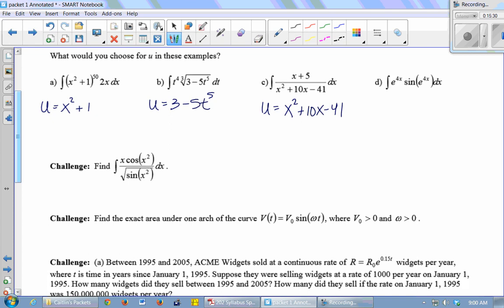We don't know a function whose derivative is e to the u times sine of e to the u. Can you choose e to the 4x? Yeah. So that would become the integral of u sine u, which is still a tough one. How would you integrate that? We'll learn that another day.